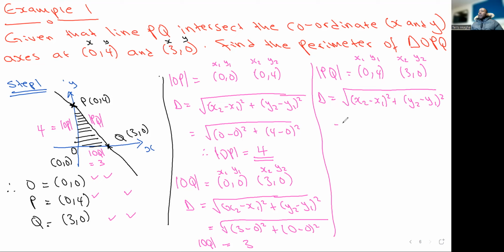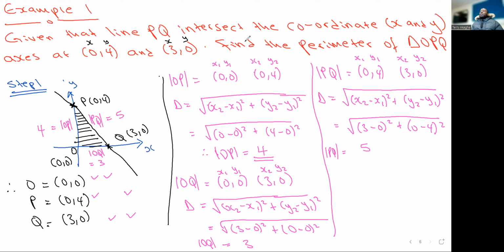We put them in the formula. The distance is going to be the square root of (3 minus 0) squared plus (0 minus 4) squared, and this will give you 9 plus 16. That will be 25. The square root of 25 will give you 5. So therefore, PQ is equal to 5.